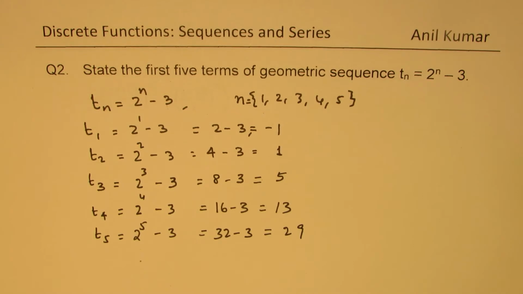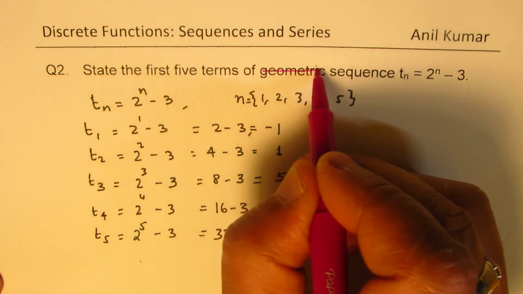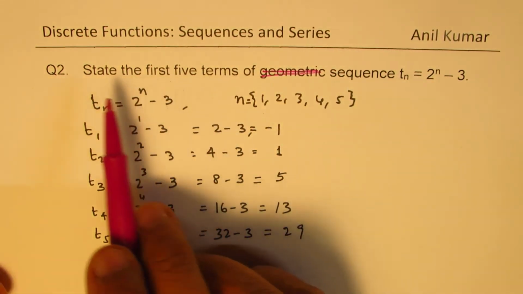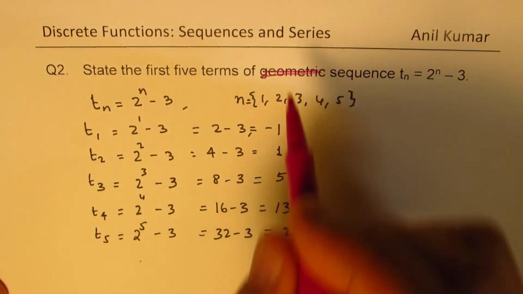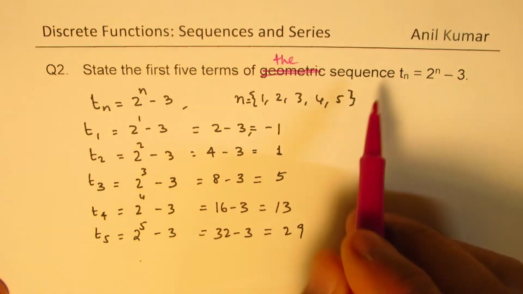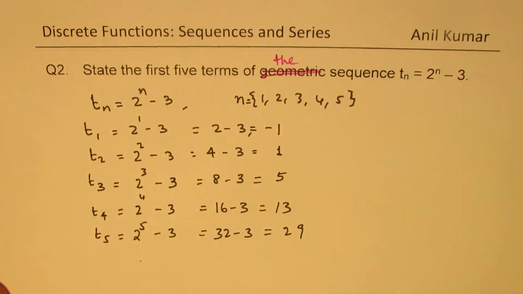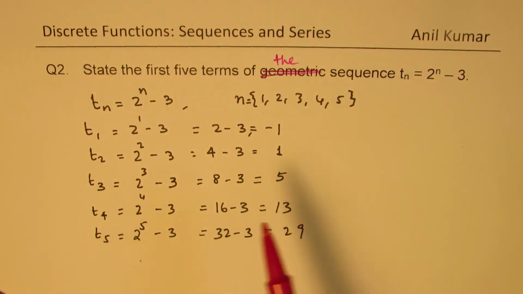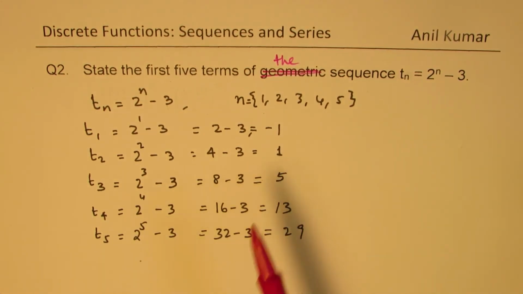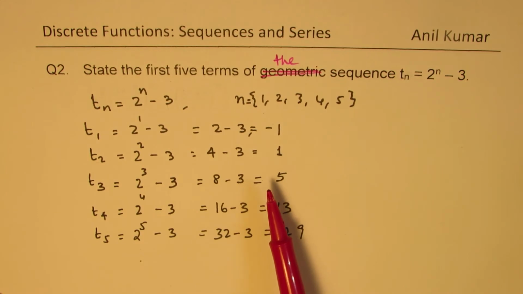So as you can see, this is definitely not a geometric sequence, right? So there is a typing error here. State the first 5 terms of, let it be of the sequence Tn equals to 2 to the power of n minus 3. Is that clear to you, right? So it's definitely a different sequence. It's not a geometric sequence, correct?